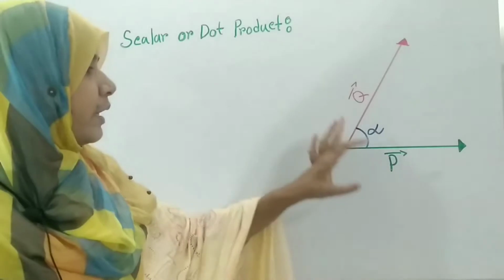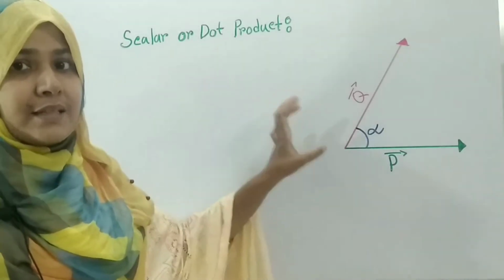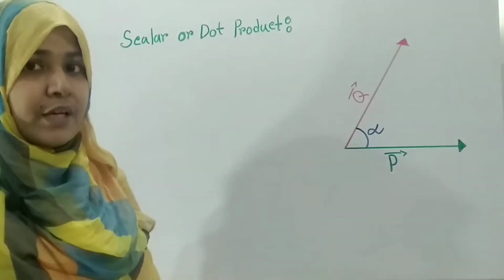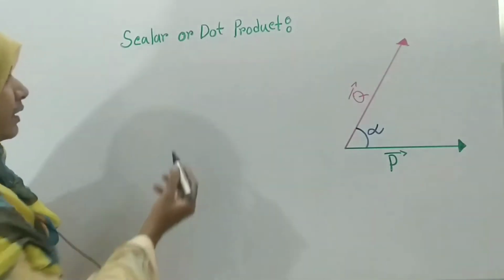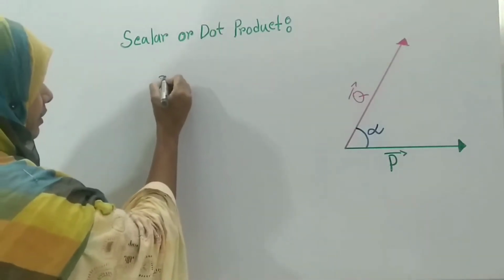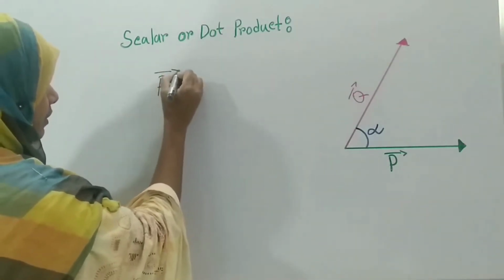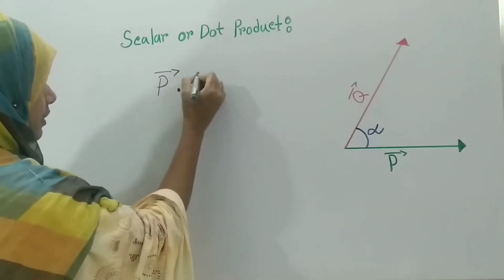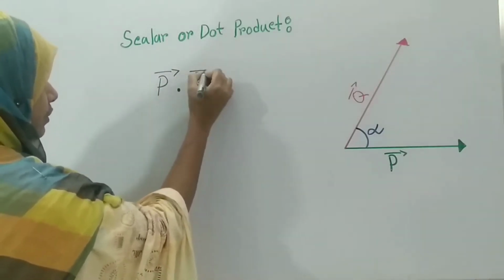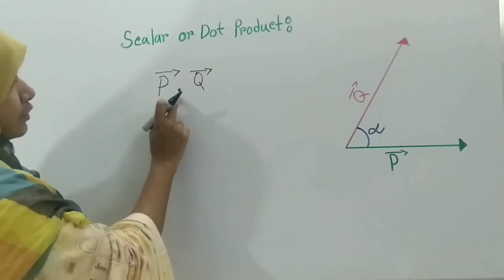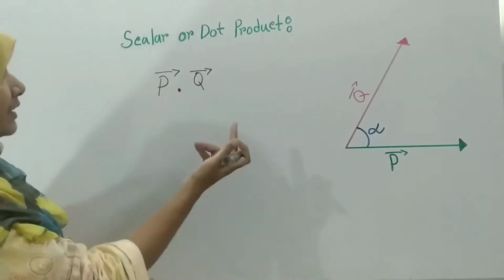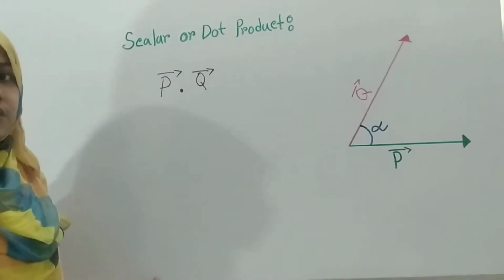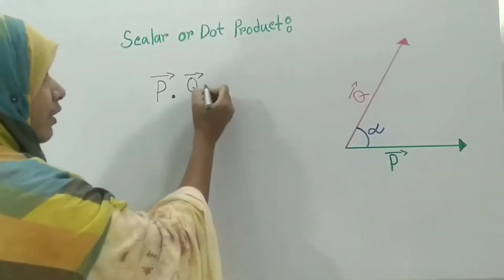So, if we write the scalar product of P and Q, we can write it this way: P dot Q. Actually, because of this dot sign, another name of scalar product is dot product.